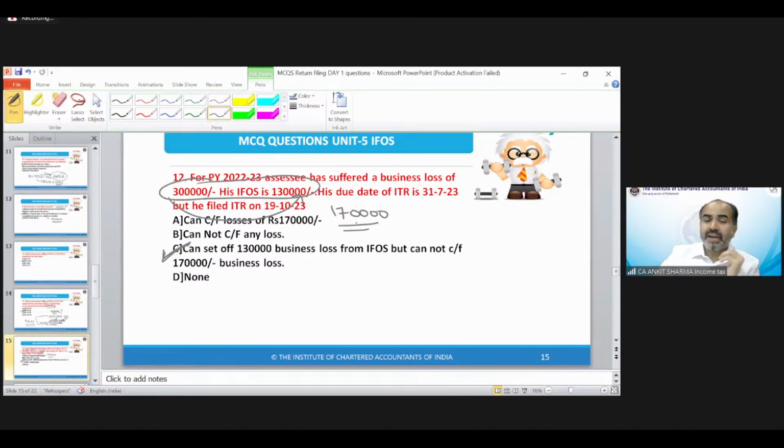Late filing of ROI does not block the current year set off provision. It only blocks carry forward and set off provisions. So whatever losses have not been set off in this year would not be able to be carried forward to future years. So the correct option would be C.